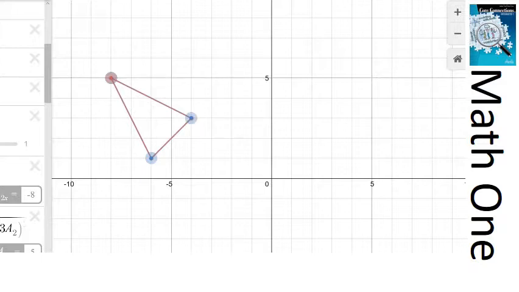Well, I know when I rotate 90 degrees clockwise or counterclockwise, I believe those numbers are going to switch places with each other. I don't know if the sign's positive or negative, but I think the -4, 3 is going to become 3, 4.